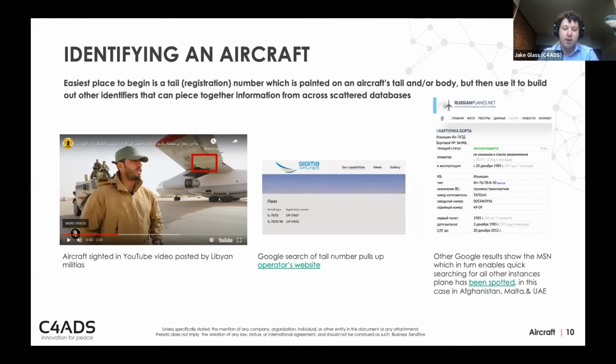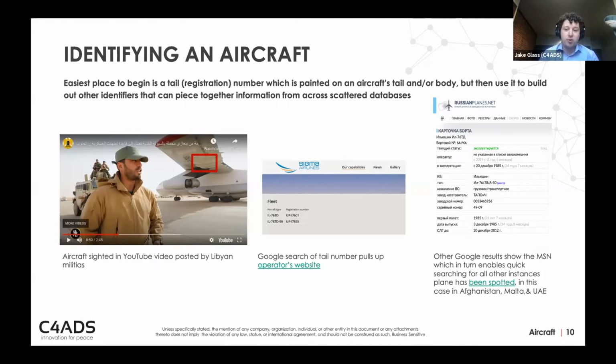And so we found a video of an aircraft we believe to be a Russian jet on a runway in Libya. And you can see the red box there is where we found the registration number for that aircraft on the wing. And so we Googled the registration number and we found a listing for it on an operator's website. So we know that Sigma Airlines is claiming that they operate this aircraft, and they also tell us what kind of plane it is, so we can further corroborate that.